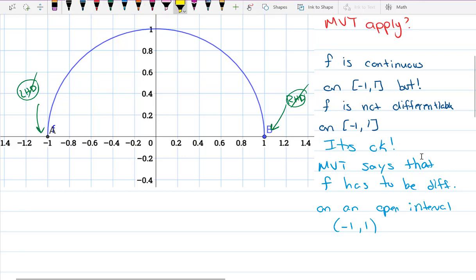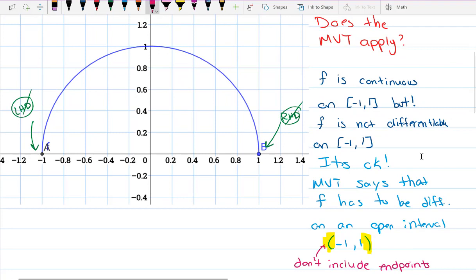So the trick here is we're not going to include these endpoints. So we're modifying what we're trying to get. Now, is it okay that we modify the problem? It is. And the reason is the parallel line is not going to be at those points.